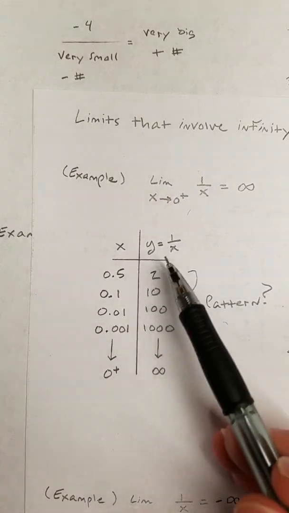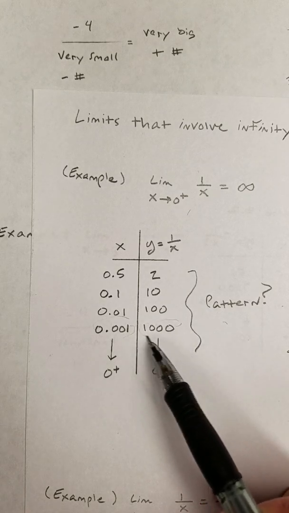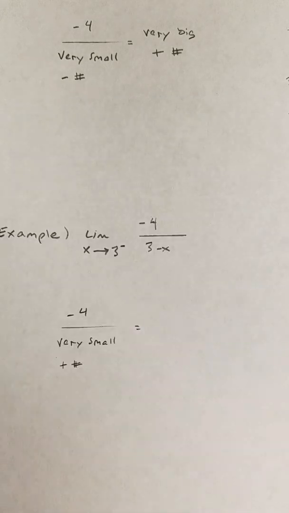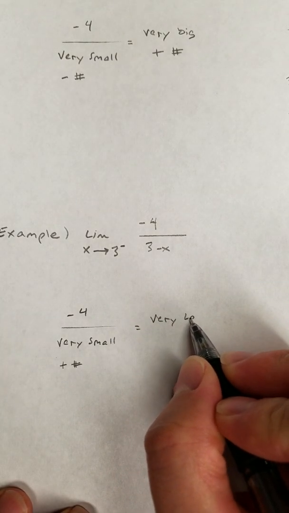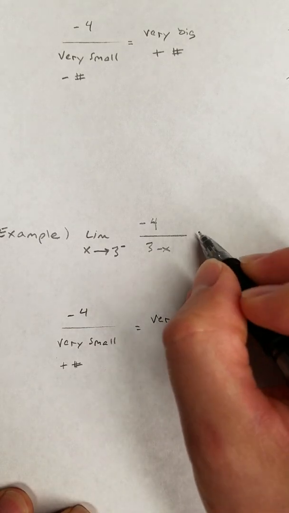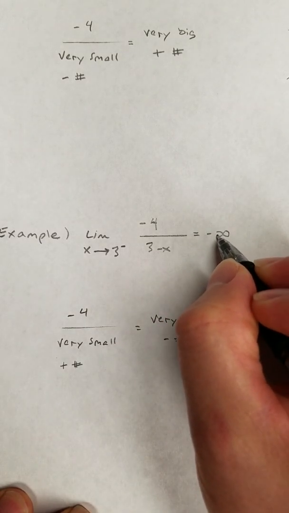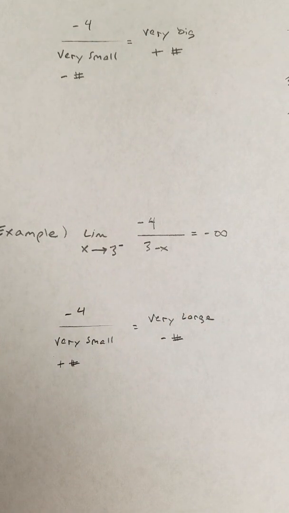That's what I was trying to establish here. When you take 1 and you divide it by a small number, you get a big answer, right? It's just a basic truth of arithmetic. So I'll get a very large negative number. This limit's going to be negative infinity. I can tell that's the way that the table is going to work out.